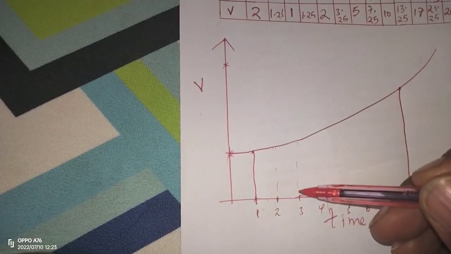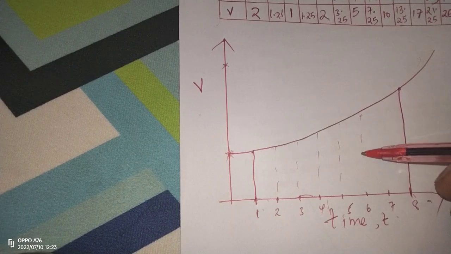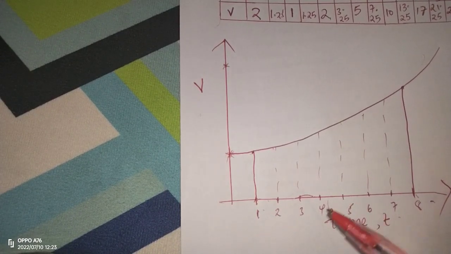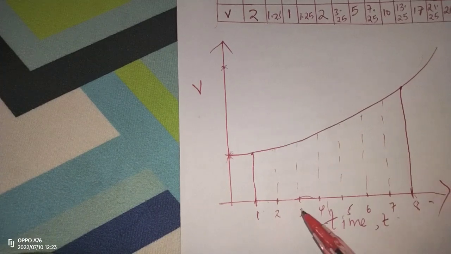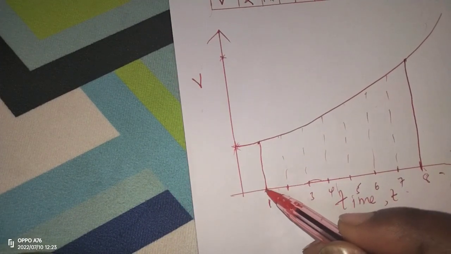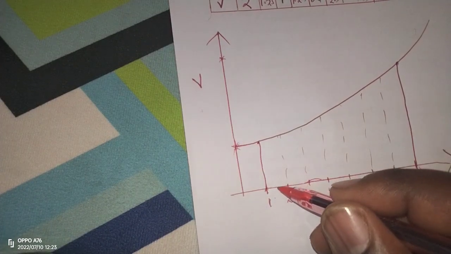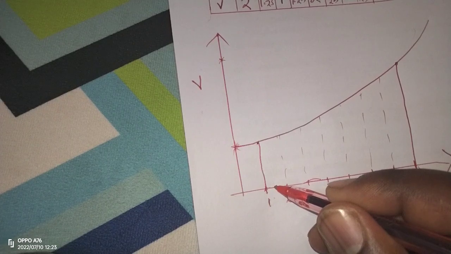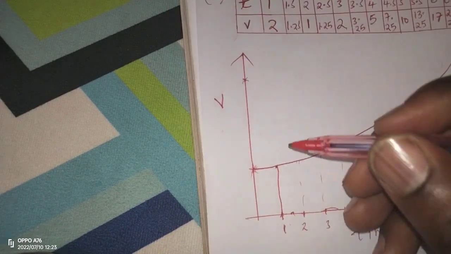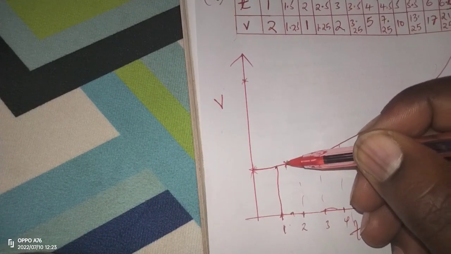Now that the strips are 7 and we are told to use the mid-ordinate rule, we are going to use the values of t at the mid of each strip, such that from 1 to 2, that is the first strip, the value of t at the center is 1.5. So now we value the height of this strip, which is at the center.